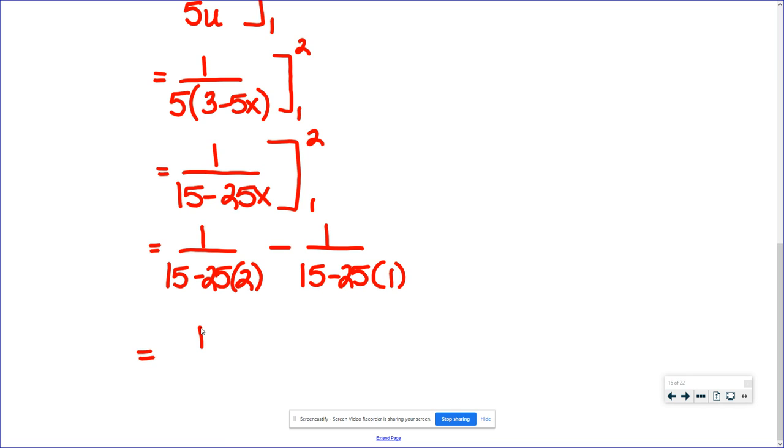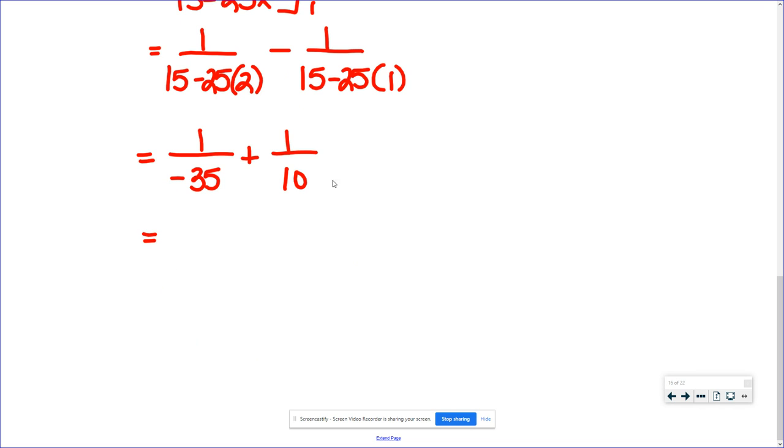Okay, simplifying is basically the only thing we have left. 15 minus 50, that would be negative 35. 15 minus 25, that is negative 10. Actually, I think instead of negative 10, I'm just going to make this a plus and make this a plus.